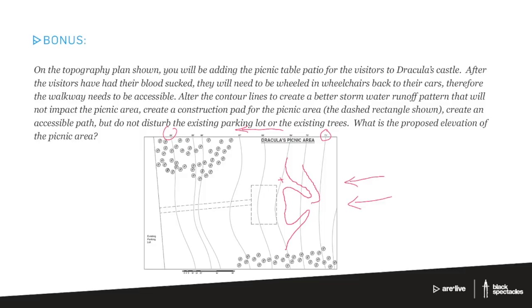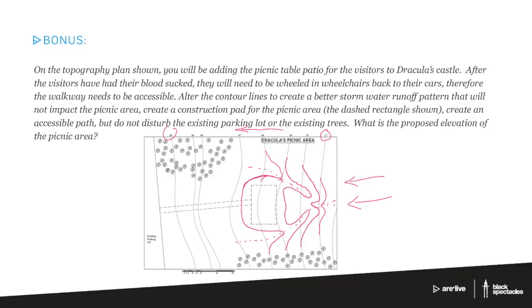Do another one there. And I'm doing that. So what is happening now is as that water comes down, it's going to pick up into those swales, and it's going to get taken right around our site.